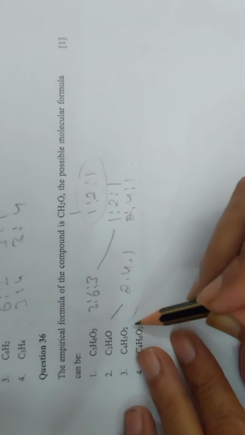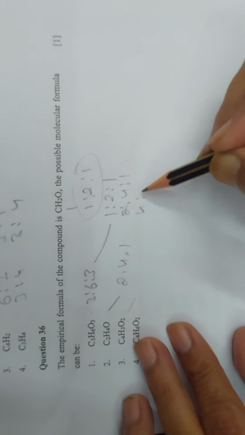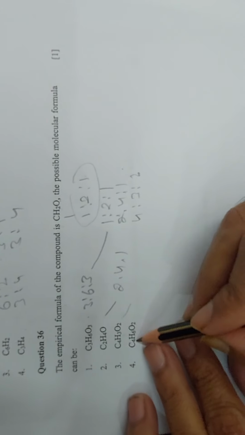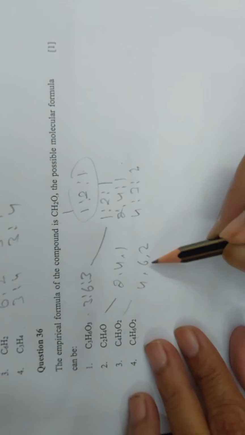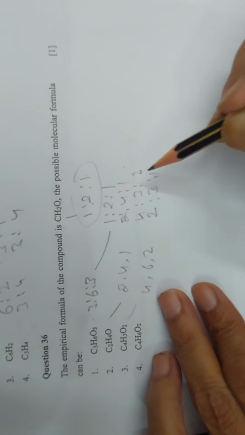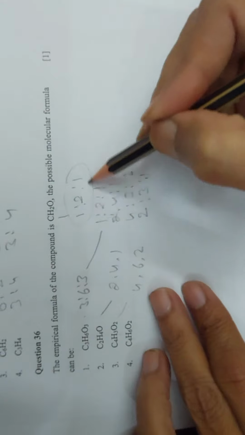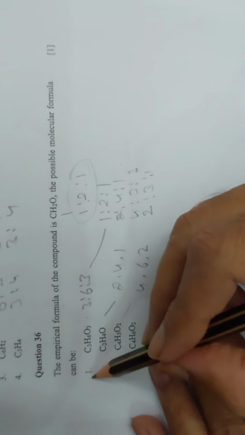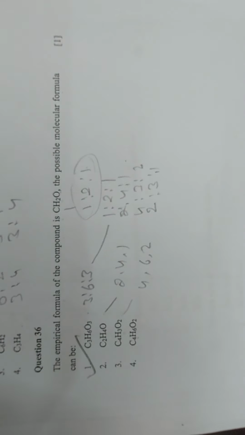This is 4:3:2, and this is 4:6:2, which on reducing becomes 2:3:1. So what is the pattern? 1:2:1 matches first. The first is the correct option.